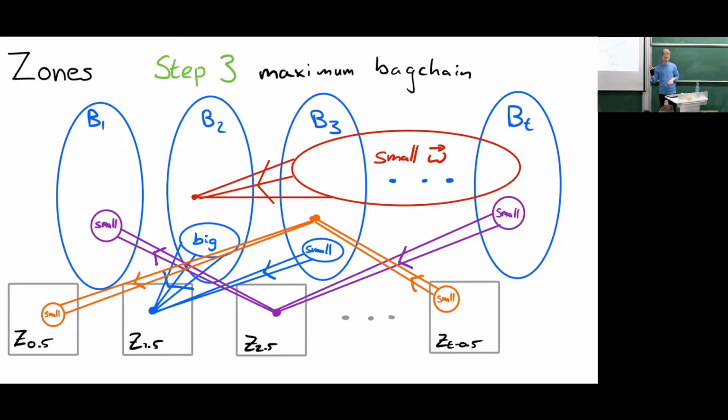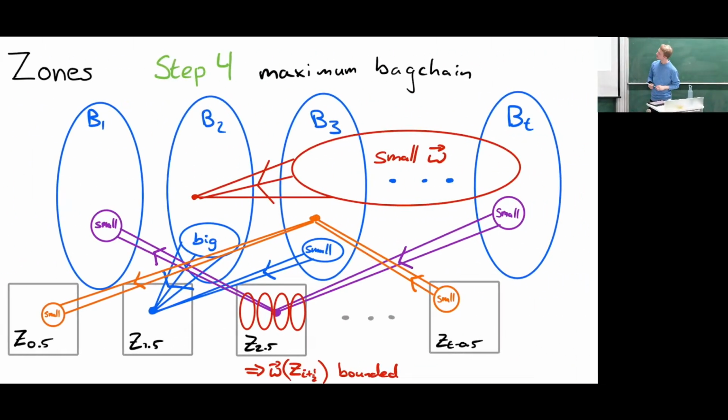This picture is getting messy, I know. But this actually allows us to say something interesting, because this means that the zones really almost fit into this bag chain. They don't quite work nicely with the sets that are right next to each other, and we don't know what its dichromatic number is. But if we throw out, say, a couple of bags here and substitute this in, if it had the right dichromatic number, it would work.